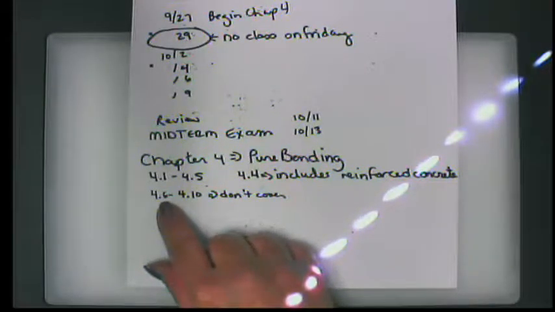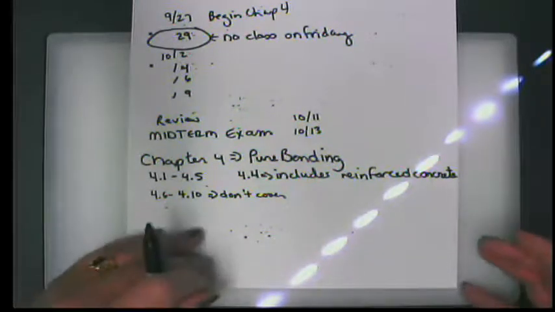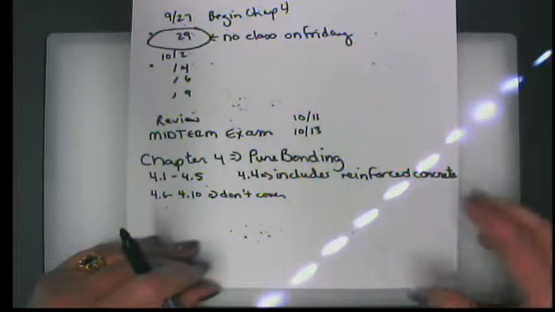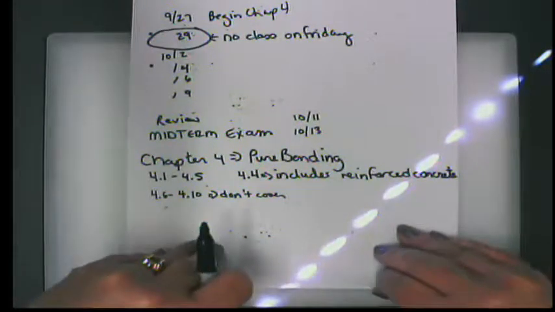Your textbook shows that sections 4.6 and 4.10 are optional, but that 7, 8, and 9 are required or not optional. They're just sort of topics, but we actually start to cover the idea of eccentric loading in a different area at the end of the semester. So for now, 4.1 to 4.5 will be all the material we'll cover before the midterm exam.